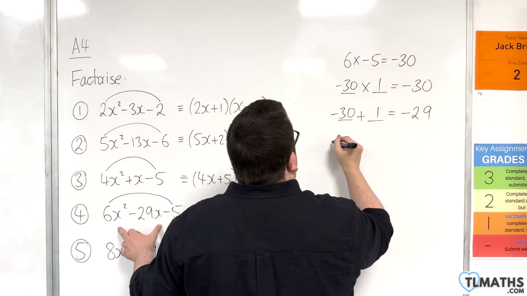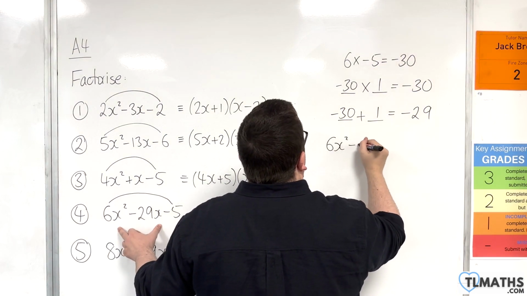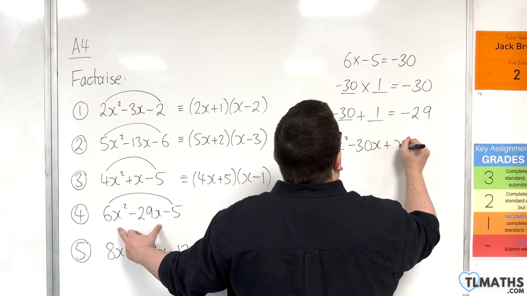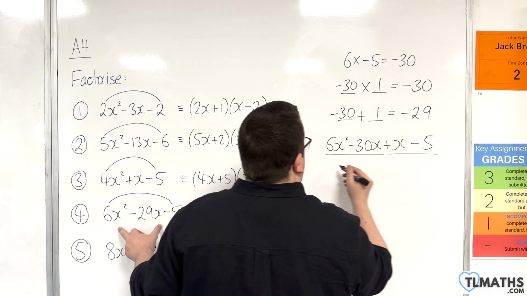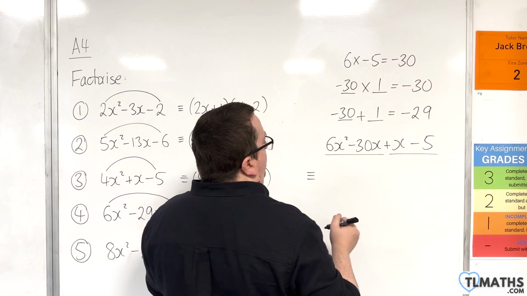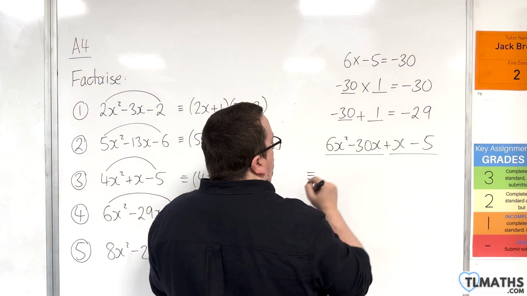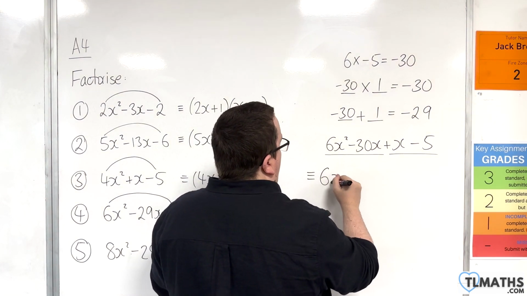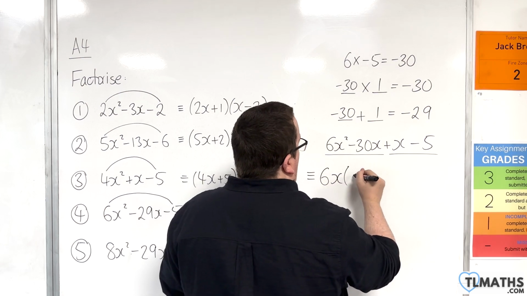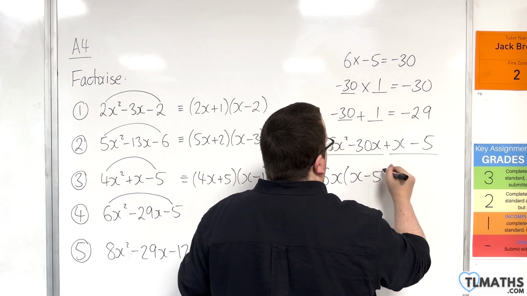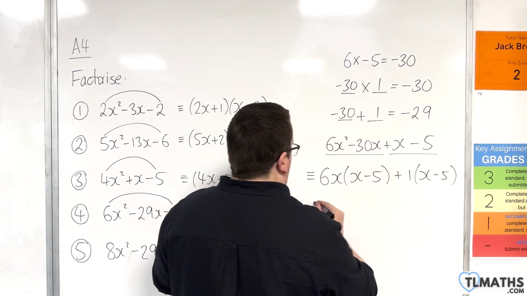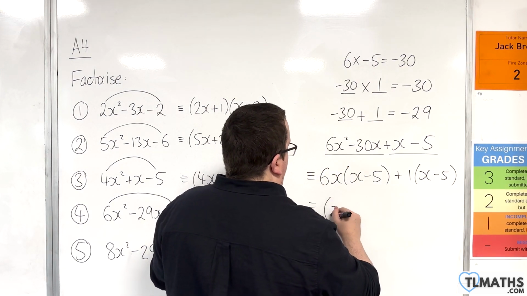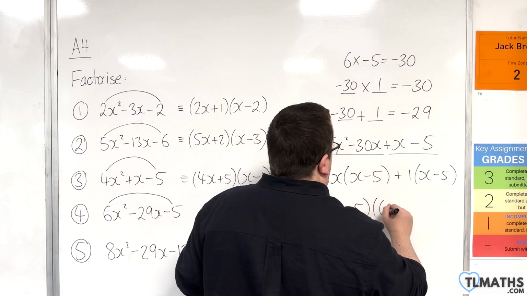So we've got 6x squared minus 30x plus x take away 5. Factorise your 2 halves. So 6x squared and minus 30x, factor out the 6x, and we'll have x take away 5. And then we've got one lot of x take away 5. So we've got the x take away 5 and 6x plus 1.